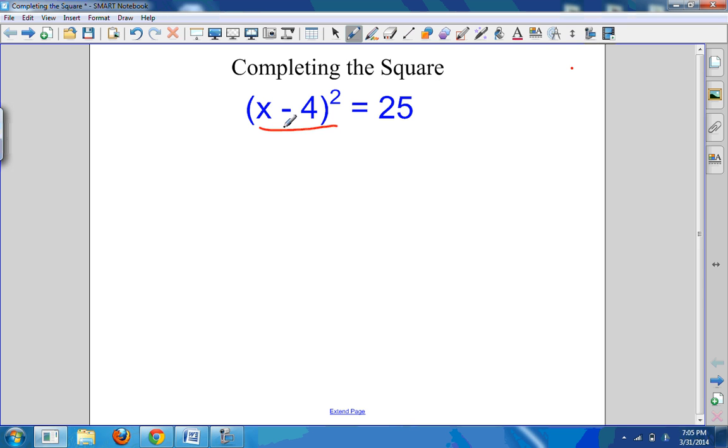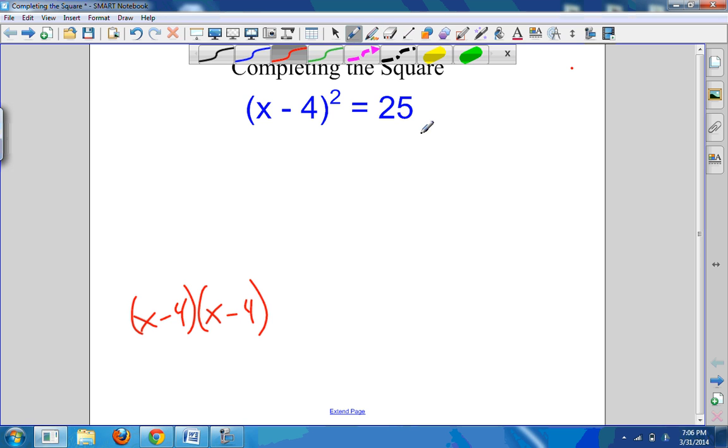And remember, this x minus 4 squared is x minus 4 times x minus 4, right? We'll need that for later. So if I want to solve for x in this problem, I need to get rid of this squared term, and I need to get rid of this minus 4. The first thing is to get rid of the squared term.